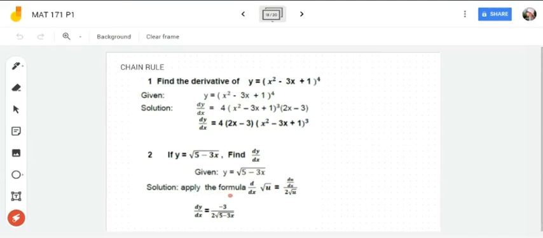Okay, so this is one of the formulas for chain rule. The derivative of the square root of u is equal to du over dx over 2 square root of u.